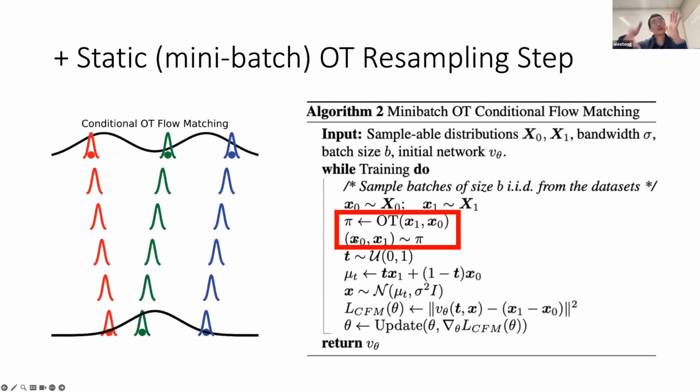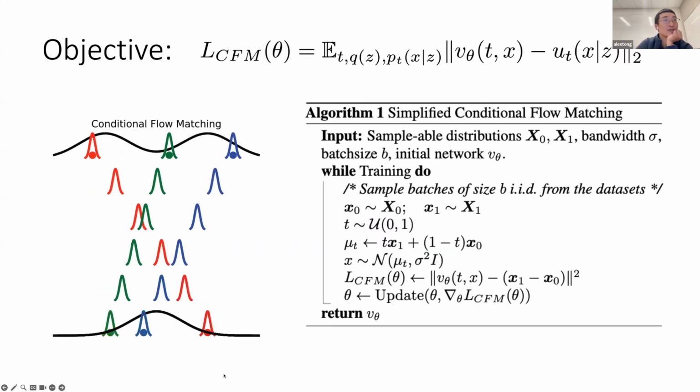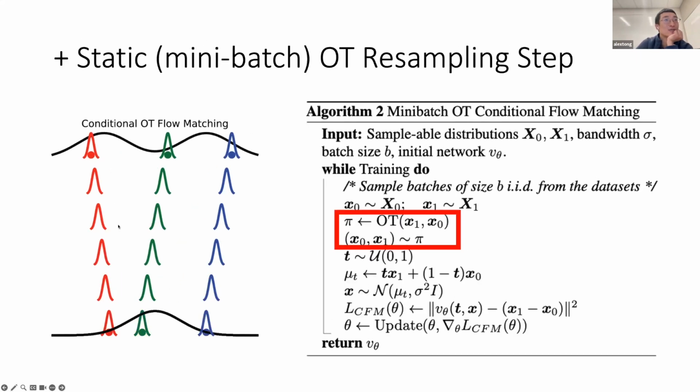So now you have permuted one side. You may have crossings here, but you always get the shortest paths in terms of some OT cost. You have the same guarantees, with this distribution at time 0 and this distribution at time 1, but you change the marginals and change the flows between the two.